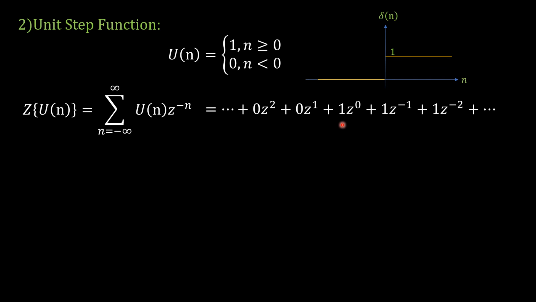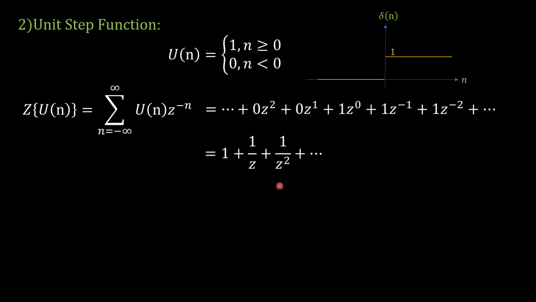For n equal to 0, we get 1 into z raised to 0 plus 1 into z raised to minus 1 plus 1 into z raised to minus 2 plus so on. So we are left with 1 plus 1 upon z plus 1 upon z squared plus so on.